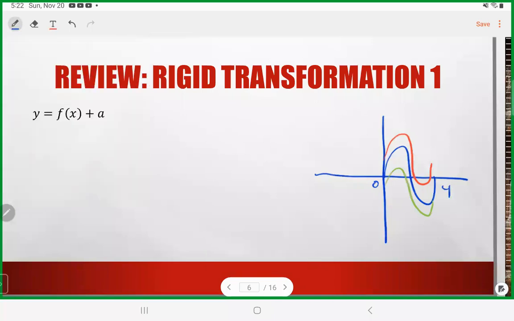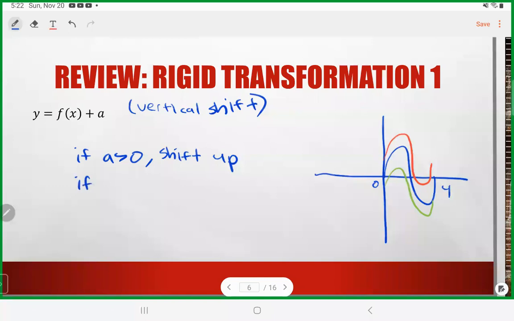So from this, we can tell that if a is greater than 0, so if it's positive, then we're going to shift up. This is a vertical shift. And if a is less than 0, we're going to shift down.